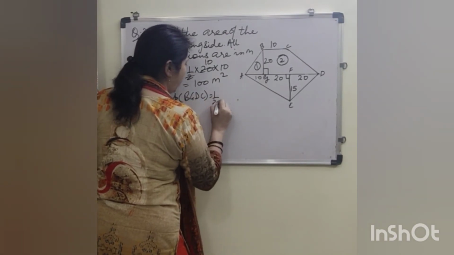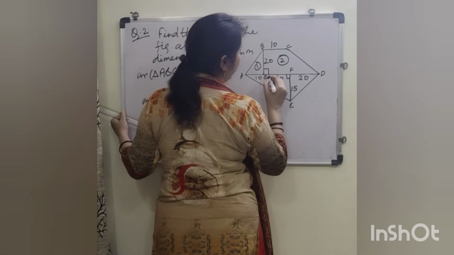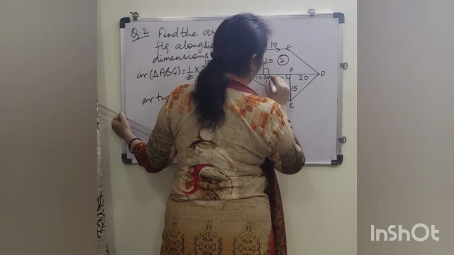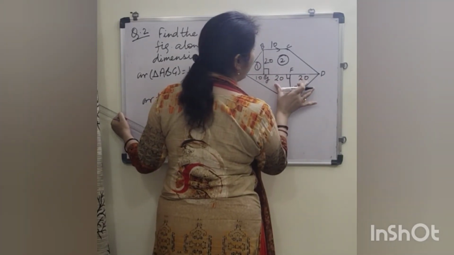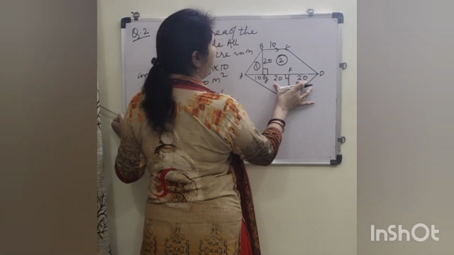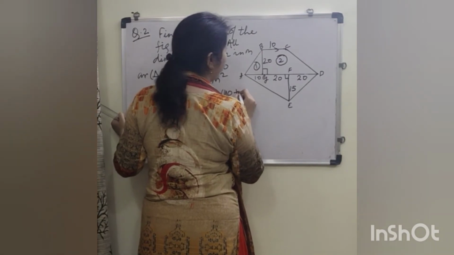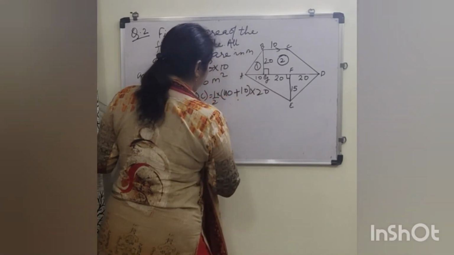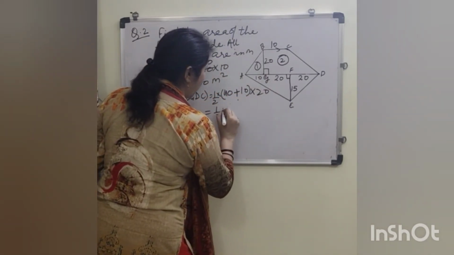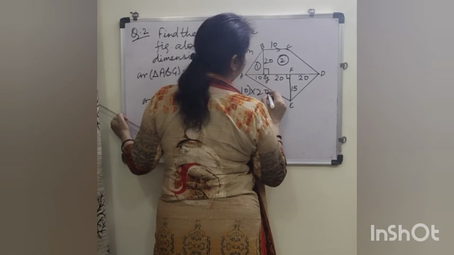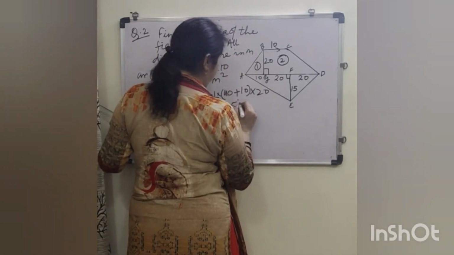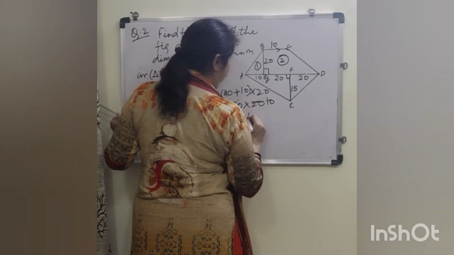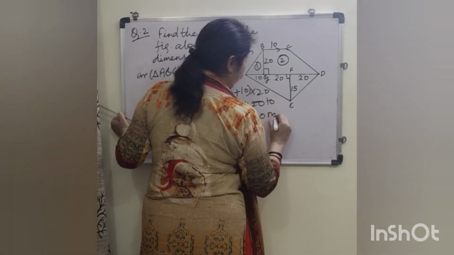Half the sum of parallel sides, children. What are the parallel sides? This and this. BC is parallel to GD. So what is the measurement of GD? That is 20 plus 20, 40. 40 plus 10 multiplied by height, which is 20. So it becomes half into 40 plus 10, that is 50, multiplied by 20, that is 500 meter square.